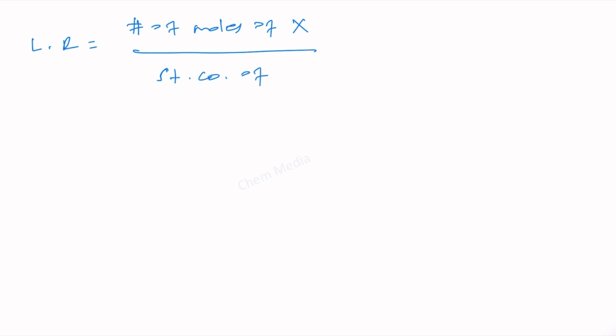Let's find out the limiting reagent. For the limiting reagent, we take the number of moles of reactant, let's call it X, divided by the stoichiometric coefficient of X, and whichever is the smallest out of these is the limiting reagent. Number of moles of aluminium, we found it as 3 moles, isn't it?